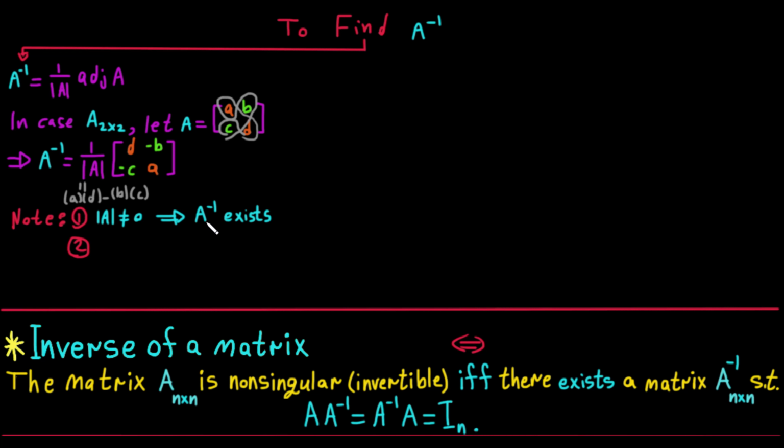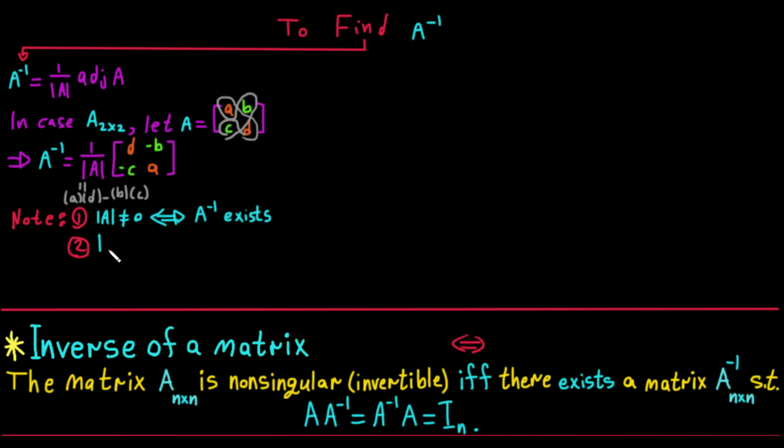And the same thing, if A inverse exists, then the determinant of A is not equal to 0. So we put here if and only if. Either way, if the determinant of A is not equal to 0, then A inverse exists. Or if the question says A inverse exists, then you have to know that the determinant of A is not equal to 0.